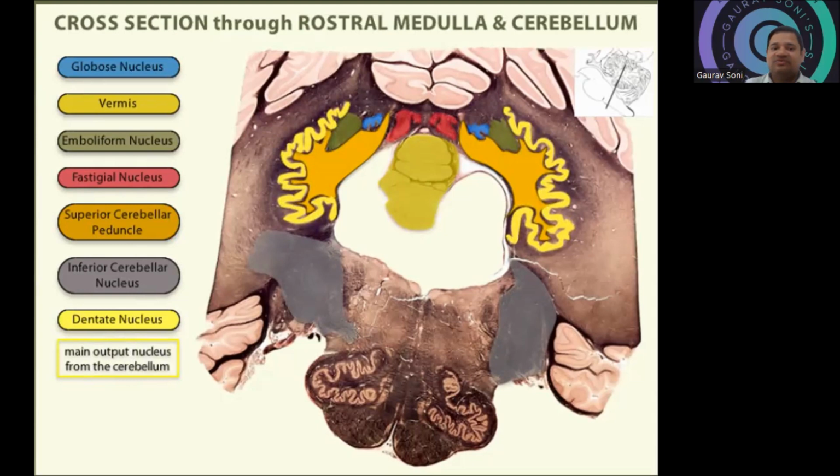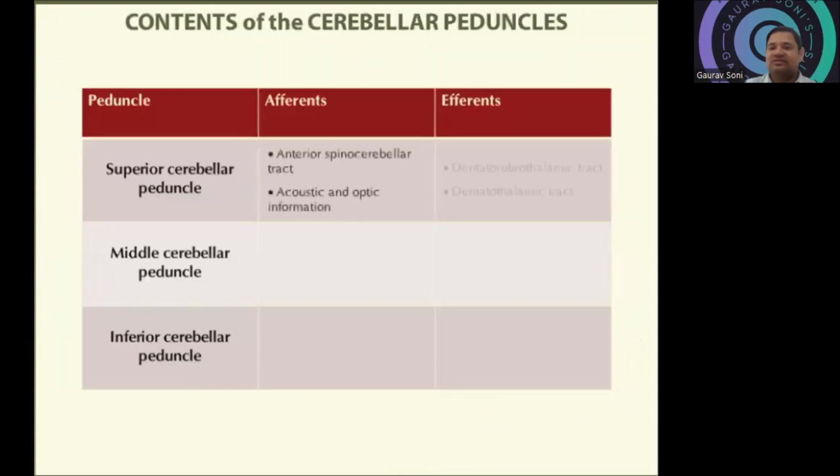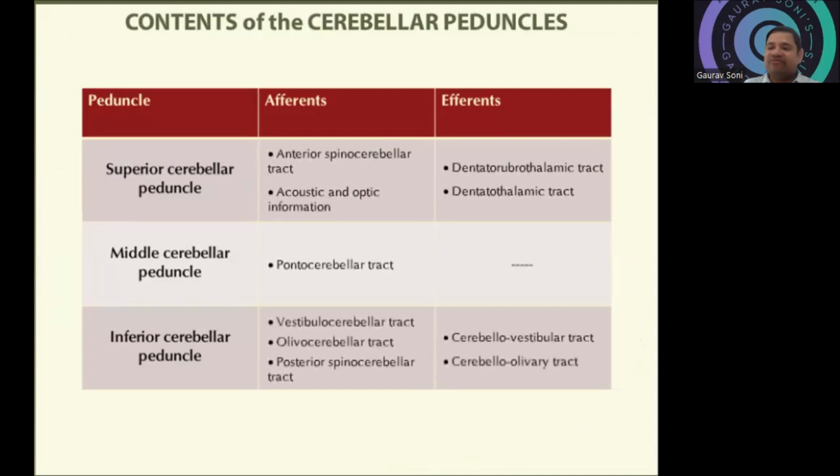Next, we have to see the contents of the cerebellar peduncles. In the superior cerebellar peduncle, the afferent part will be the anterior spinocerebellar tract. Acoustic and optic information will be coming through these afferents. On the efferent side, you can see the dentatorubrothalamic tract. These will be the efferents for the superior part.